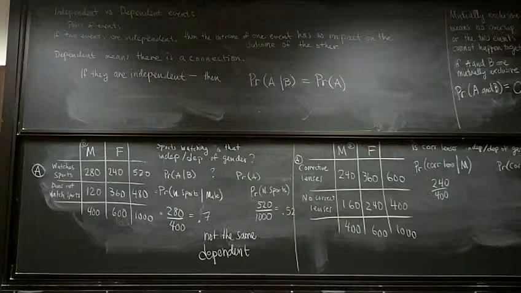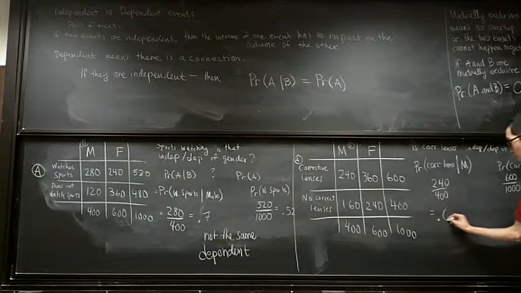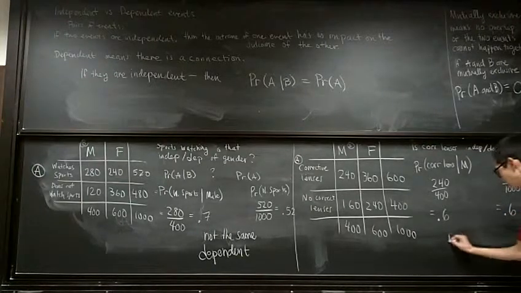And what is the probability of corrective lenses? 600 over 1,000. Pull out your calculators, and this turns into a decimal, 0.6, and this turns into a decimal, 0.6. So in this case, these two numbers are the same, so that means they are independent.